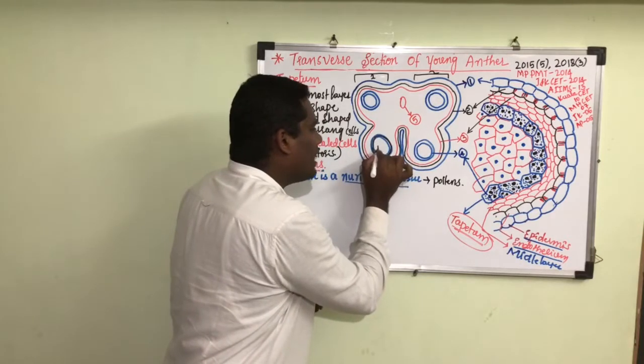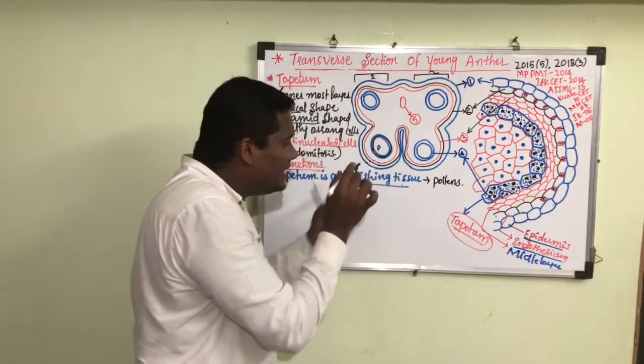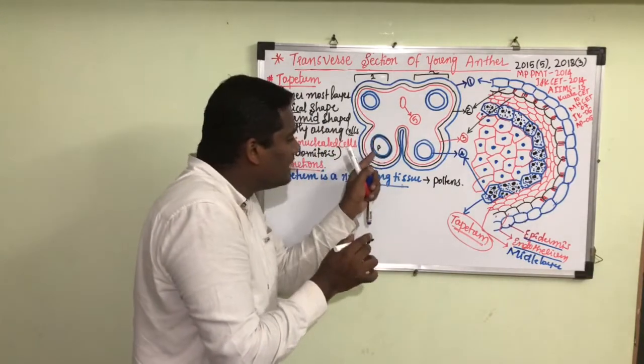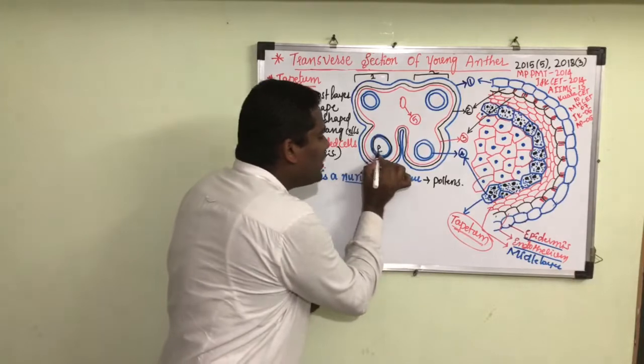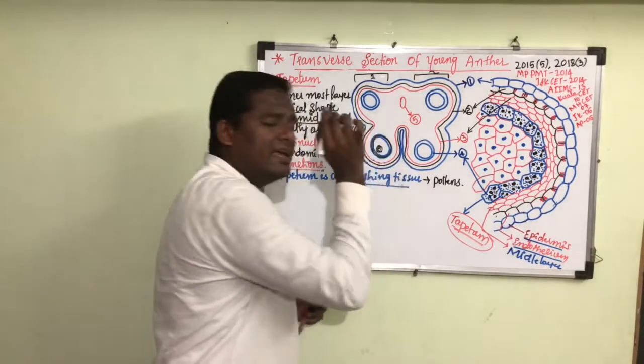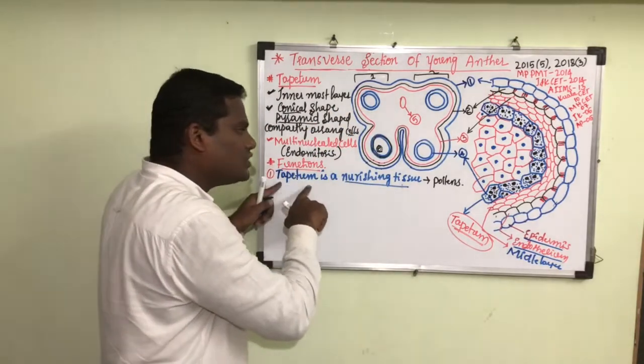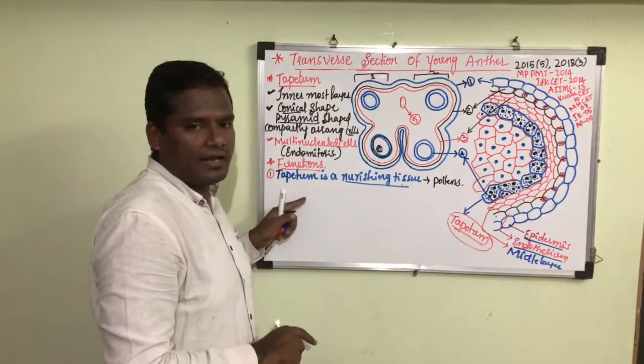Inside this, pollen grains are getting synthesized. During the synthesis, development, and maturity of the pollen grains, all these pollen grains are getting nourished by the tapetal cells. The first function of the tapetum is to nourish the pollen grains.